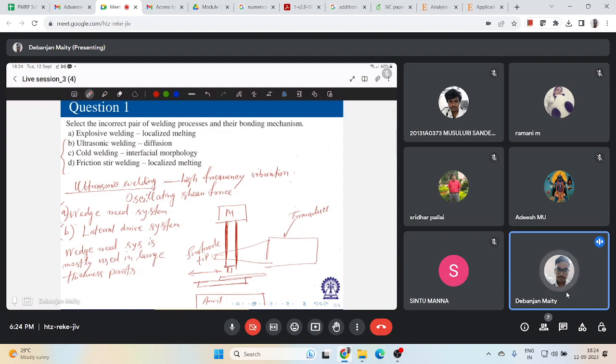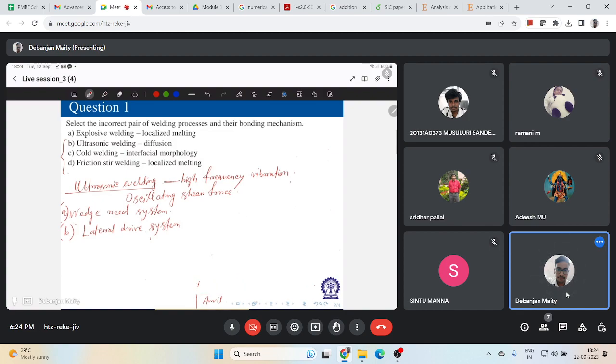So in lateral drive, again, you have some transducer, then you have some kind of power supply over here.